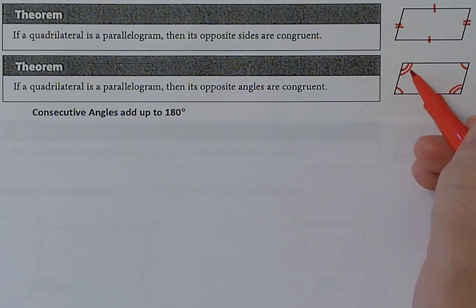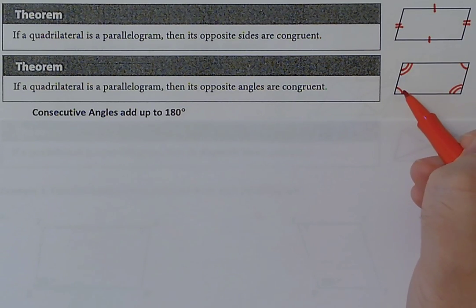So if you know this angle and I wanted you to tell me the measure of this, you would take this number and do 180 minus this number, and that would give you the measure of this. And then you know opposite angles are congruent. Now, these two are consecutive, these two are consecutive, these two are consecutive, and these two are also consecutive.